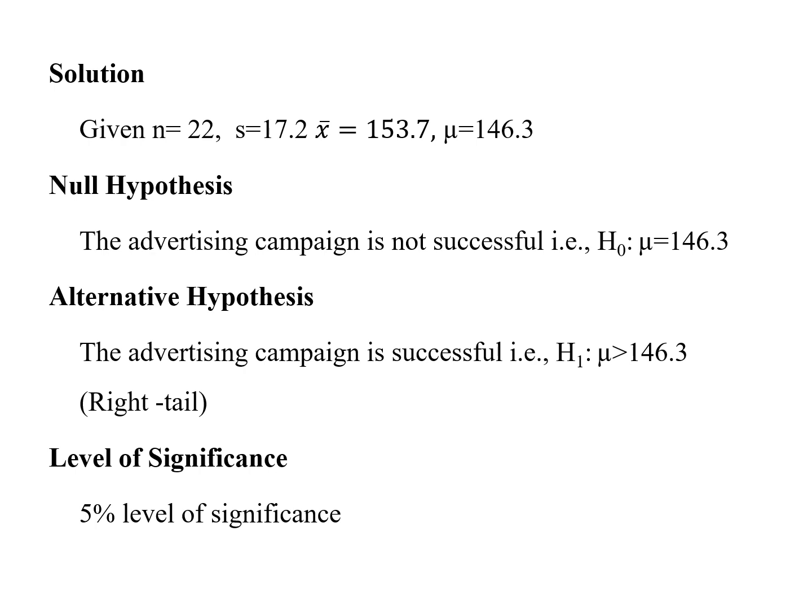Okay, next is the alternative hypothesis: the advertising campaign is successful. So here it is not successful, here it is successful. Note this point: not successful means null hypothesis, successful means alternative hypothesis, which is denoted by H1, mu greater than 146.3, which is the right tail test.